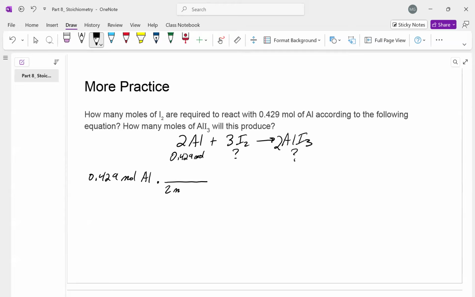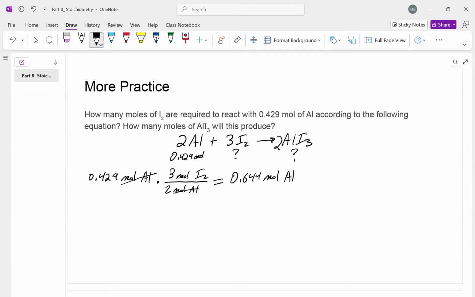This says that 2 moles of aluminum is required to react with 3 moles of iodine. So moles of aluminum cancels out. I'm left with moles of iodine. So I need 0.644 moles of iodine.